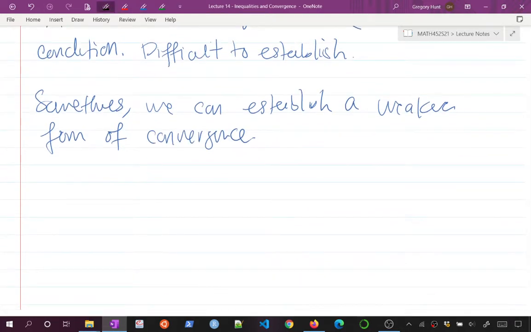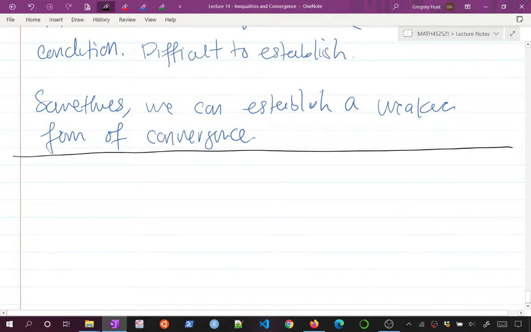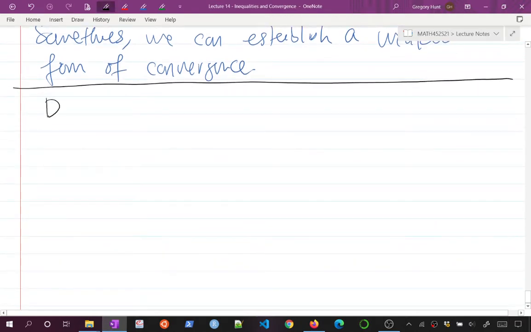And the first weaker form of convergence we're going to talk about is called convergence in probability.